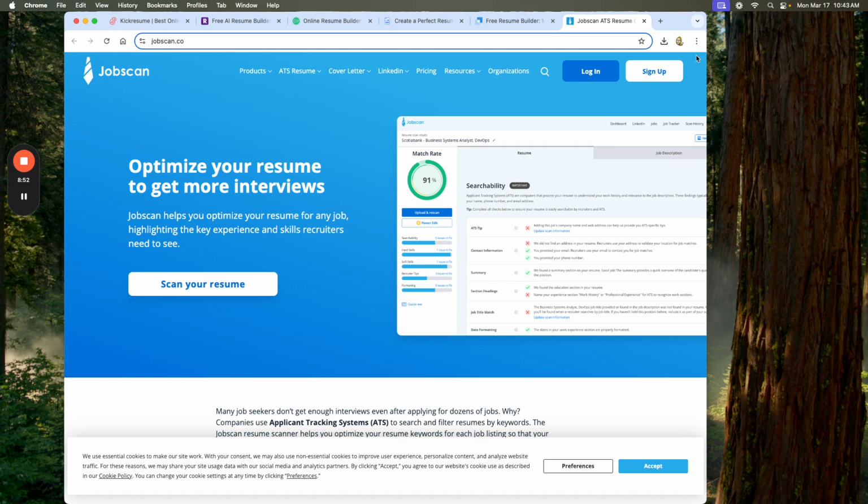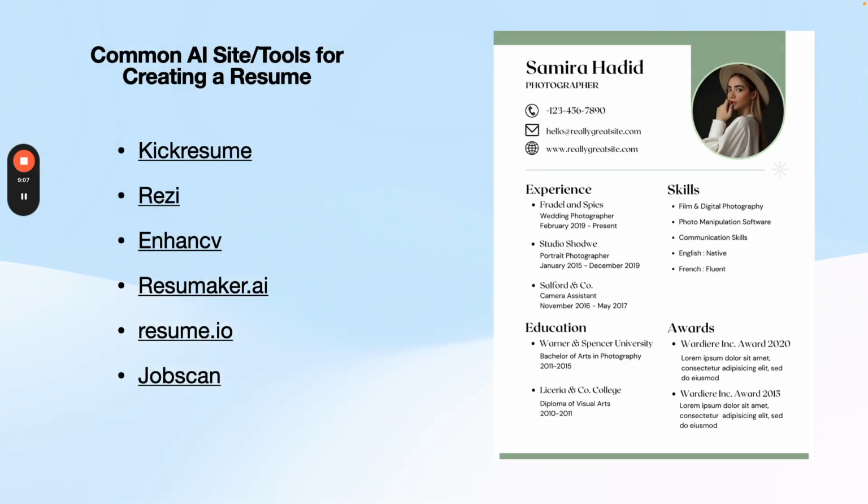So those are what would help with creating resumes. And then I have the last, I'm going to bring this back across here, and we'll bring across again Kickresume, Rezi, Enhance, ResuMaker AI, Resume.io, and JobScan. Those were what we talked about when it comes to resumes.